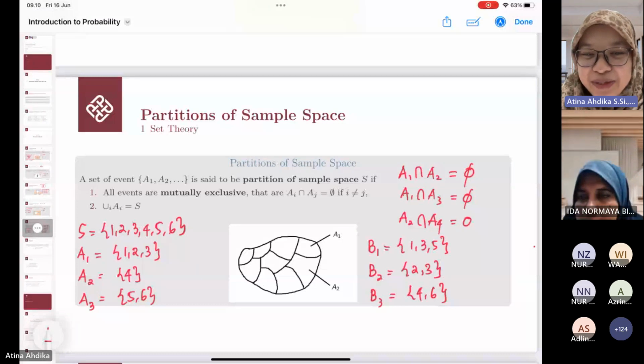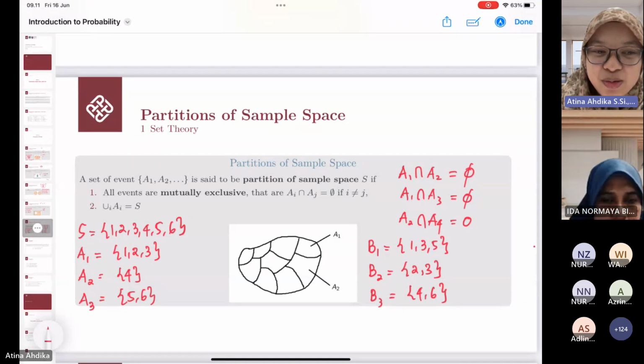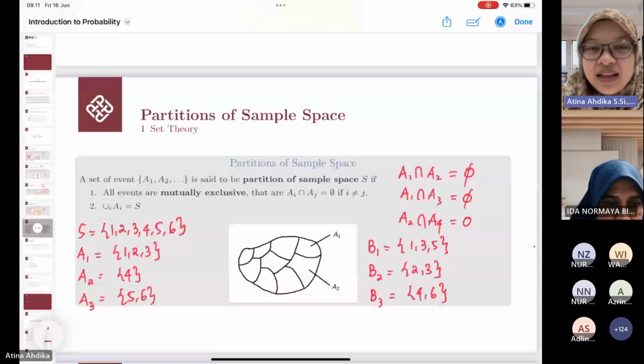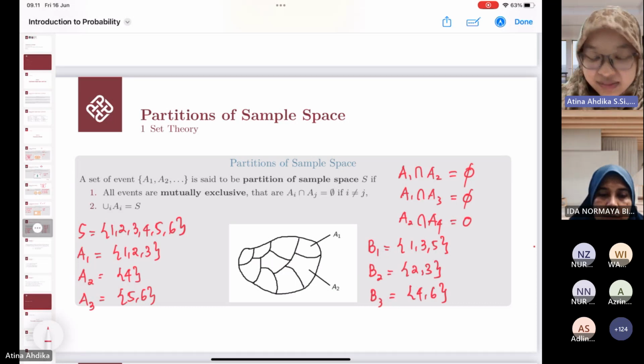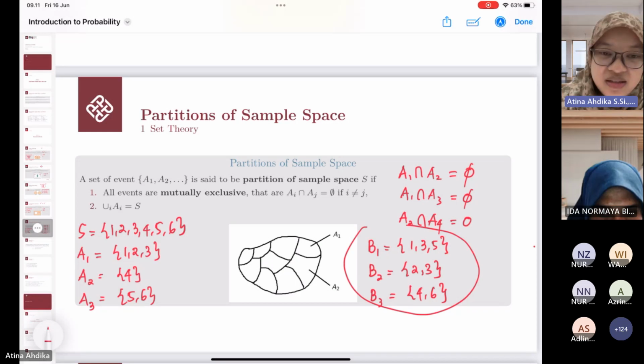We toss a die, and then we have sample space of 1, 2, 3, 4, 5, and 6, and then I have three events consist of B1, B2, and B3 here, like this. So my question is, are they the partitions of the sample space?